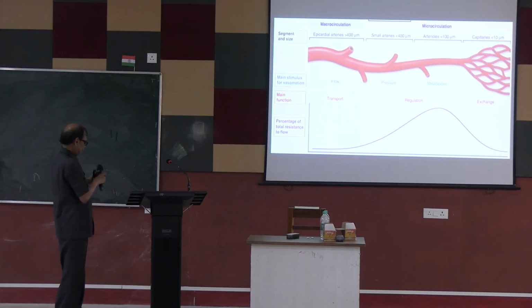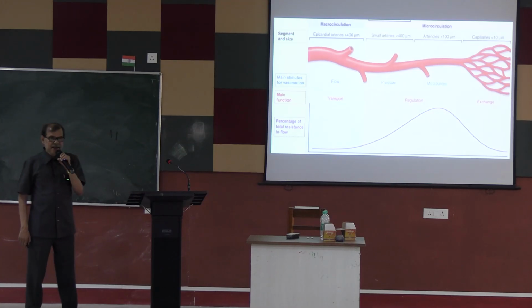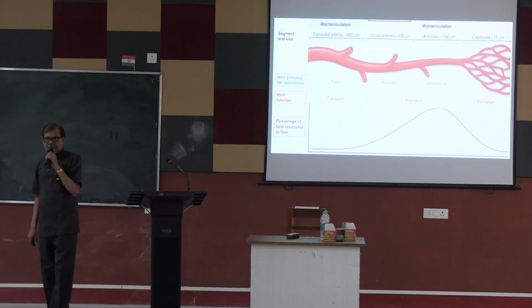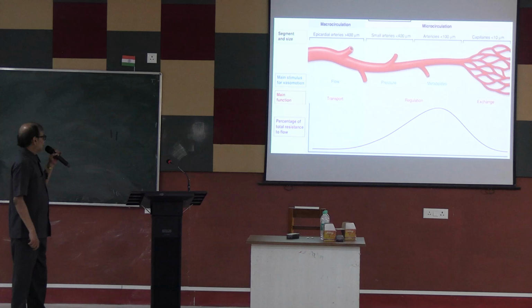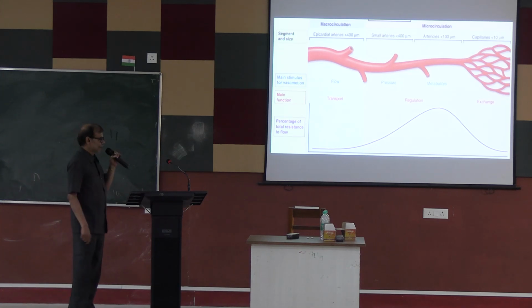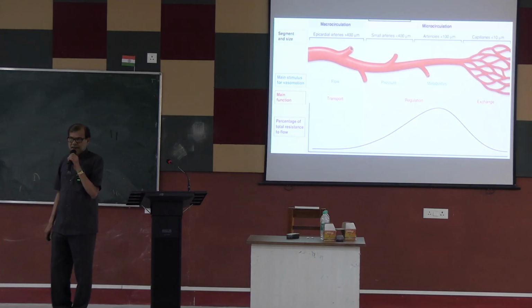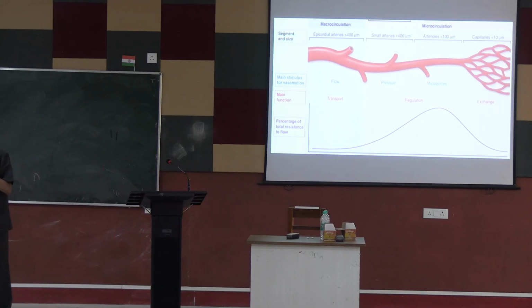Now, on the basis of segment and size, main stimulus for vasomotion, main function, and the percentage of resistance to the coronary blood flow, we have two subsets of the circulation: macrocirculation and microcirculation.